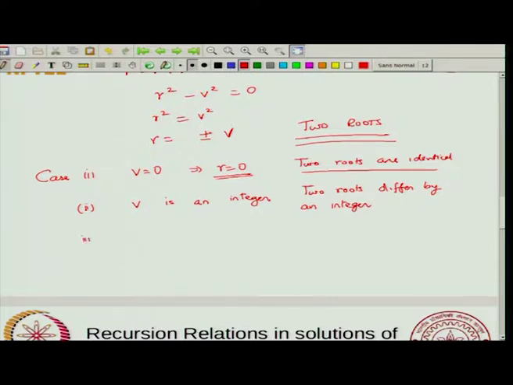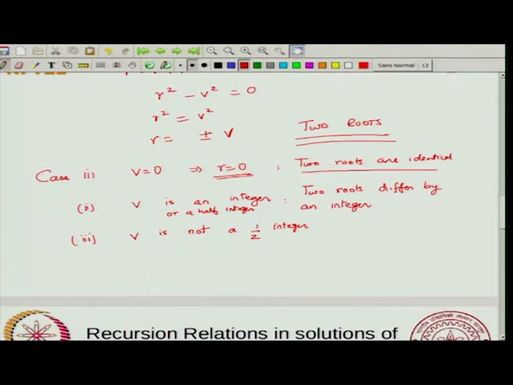Third case: v is not a half integer. I should mention that if v is an integer or a half integer, then the difference between the two roots is an integer.